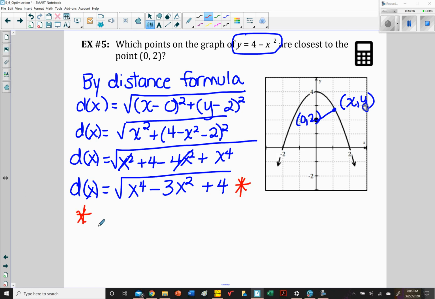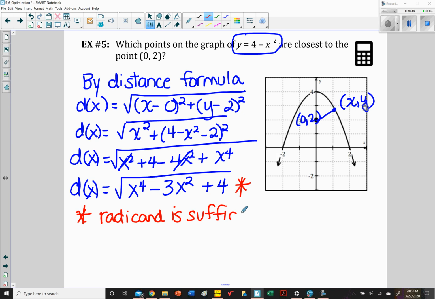The radicand is really sufficient for finding the smallest critical value because it's going to be in the derivative. Make a little note about that.